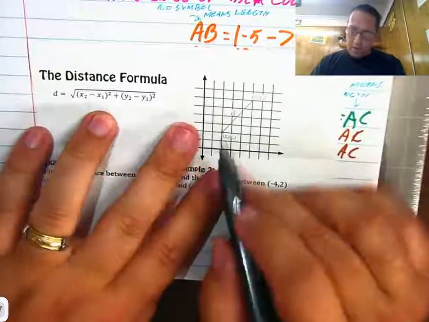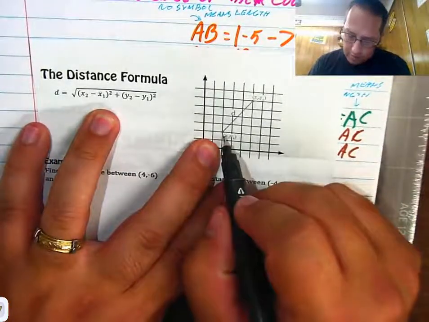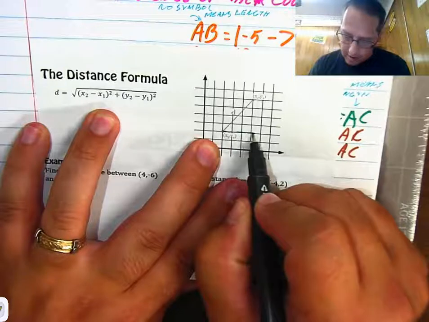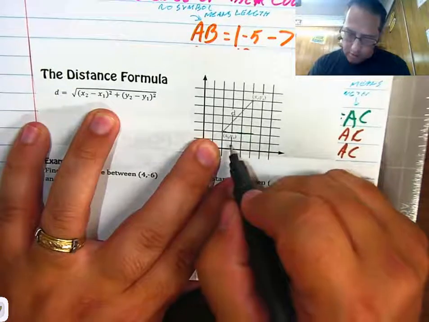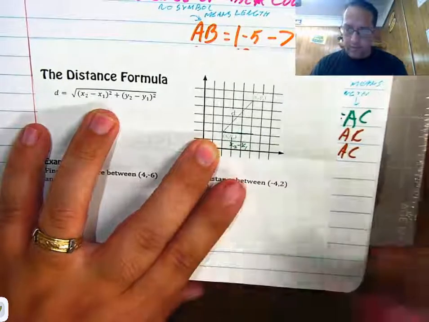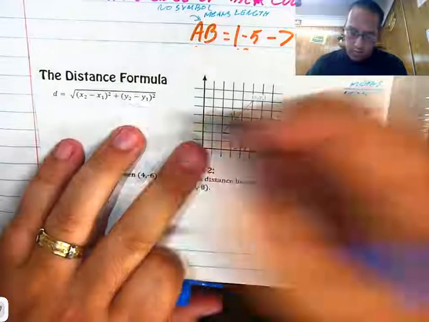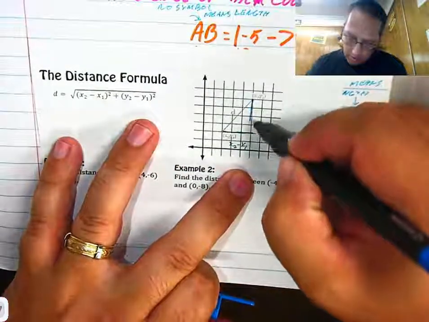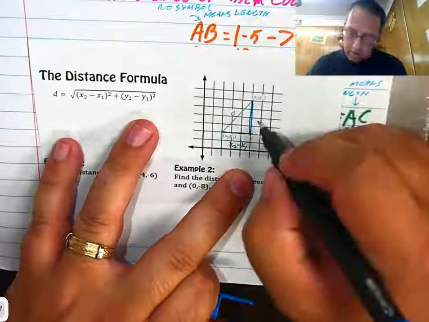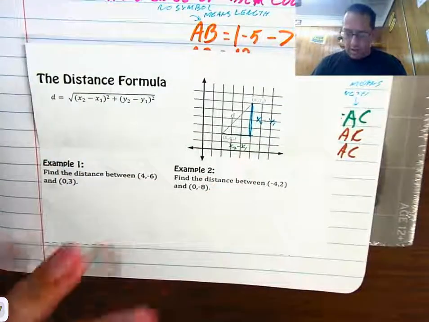Well, it's not hard, but whatever, this is the formula that's going to help us out. So this x2 minus x1, what that is, is this distance right here. Okay, x2 minus x1. And then we have y2 minus y1, which is going to be this distance right there, y2 minus y1.